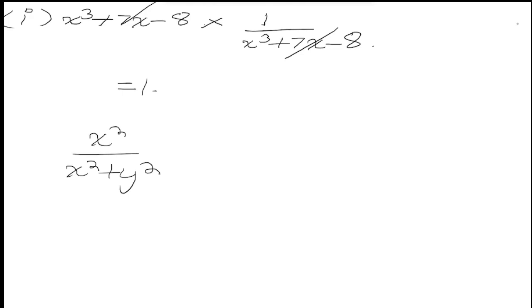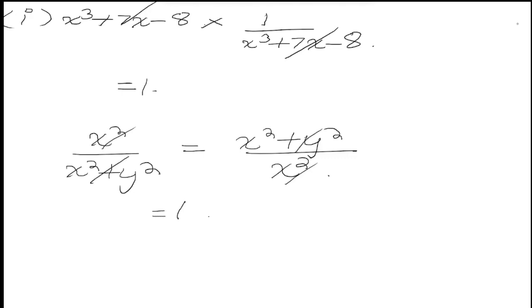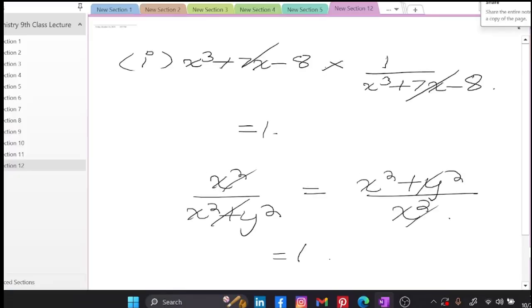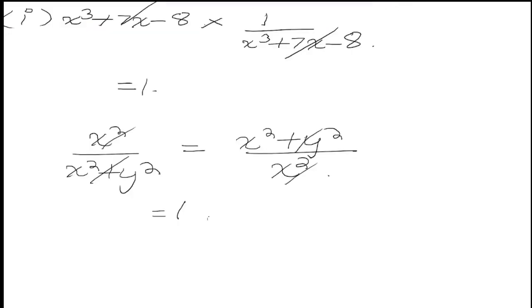So if we just write it equal to, and then we take the reciprocal of this expression, which will be the opposite of this, which is x square plus y square divided by x square. So now these both values will get cancelled and so are these. So the resultant is only 1. So this will be our answer for question number 1, part 2. I'll just write it here.